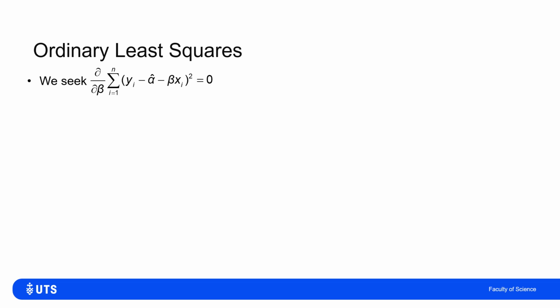Before we differentiate to find the turning point of these squared residuals, there are a couple of nice mathematical tricks which I want to implement. I know the estimate of the intercept term alpha hat is y bar minus beta x bar, so I'll put that term in.